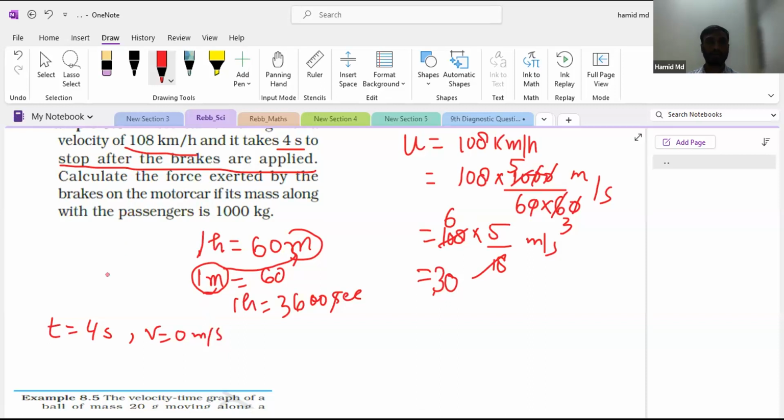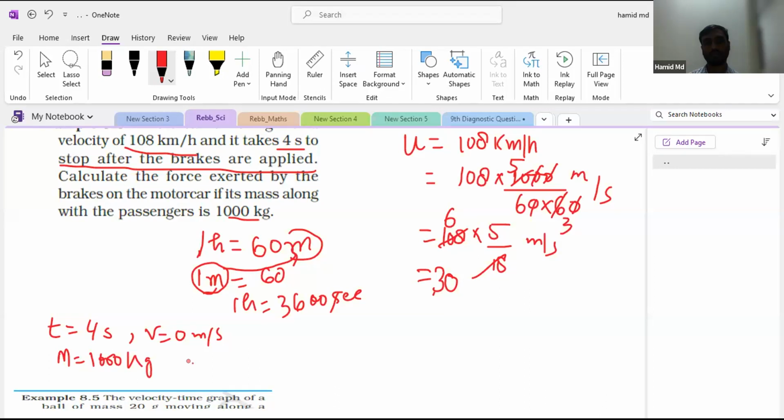Now read the next part. Calculate the force exerted by the brakes on the motor car if its mass along with the passengers is 1000 kg. So mass is given, right? Mass of the object is given. So we may write mass, capital M, 1000 kilogram, right?